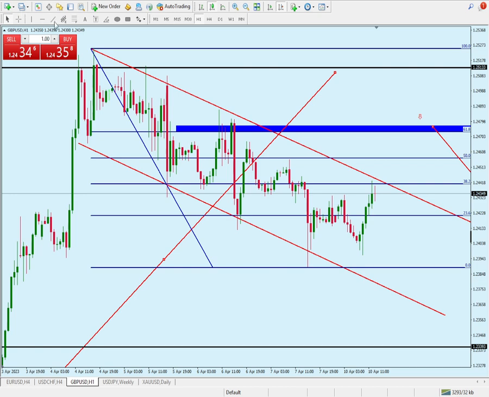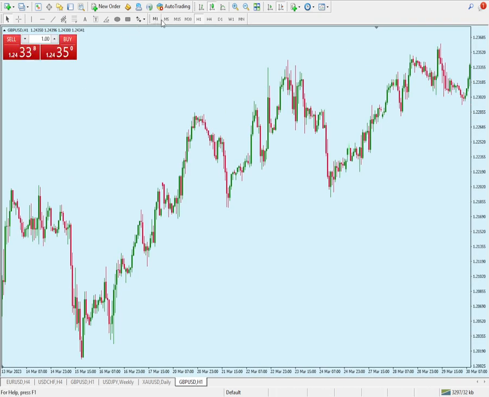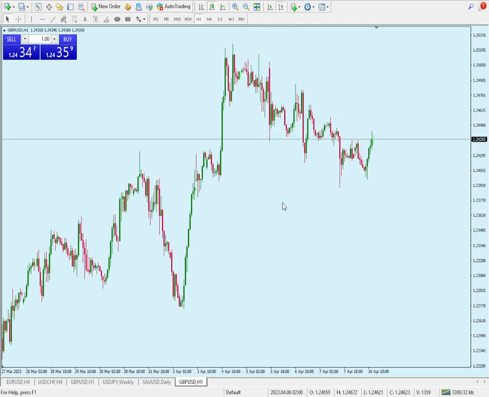Actually, this is too messy, so let's make another chart. On the H1, this is a very nice pattern right here. If you can clearly see this one, these are nothing but just ABCD pattern and Fibonacci.